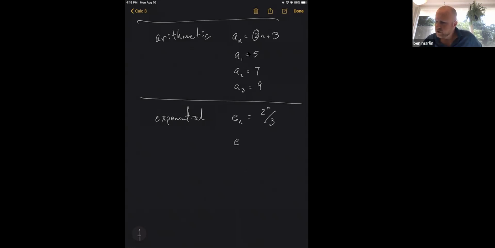And then you'd see that e sub 1 is going to be equal to 2/3, and e sub 2 is going to be equal to 4/3, and e sub 3 is going to be equal to 8/3, and so on and so forth. The trick there is that your exponential functions, instead of adding 2 each time, are multiplying by 2 or whatever the base happens to be, okay?